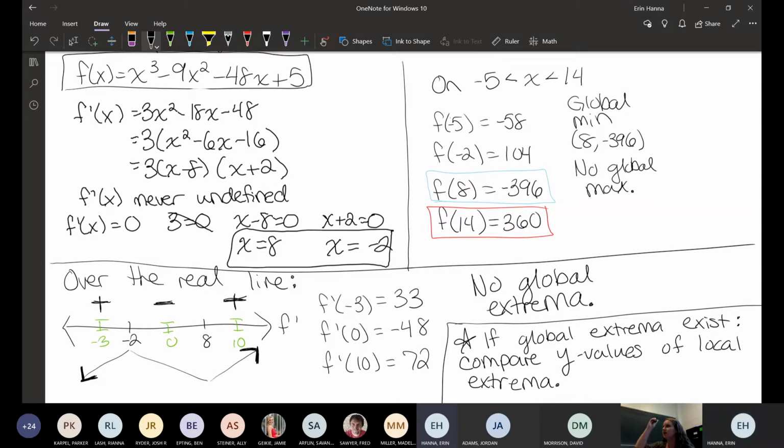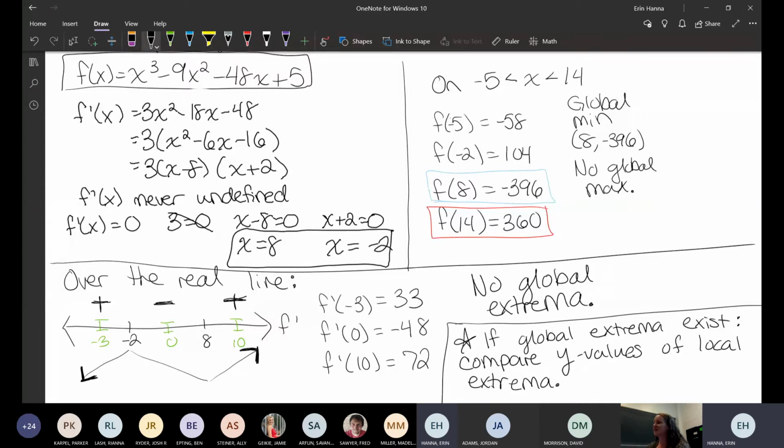I'm sorry. Yeah, no, there's no way for a local max to be lower than a local min. Sorry, I started really freaking myself out there.